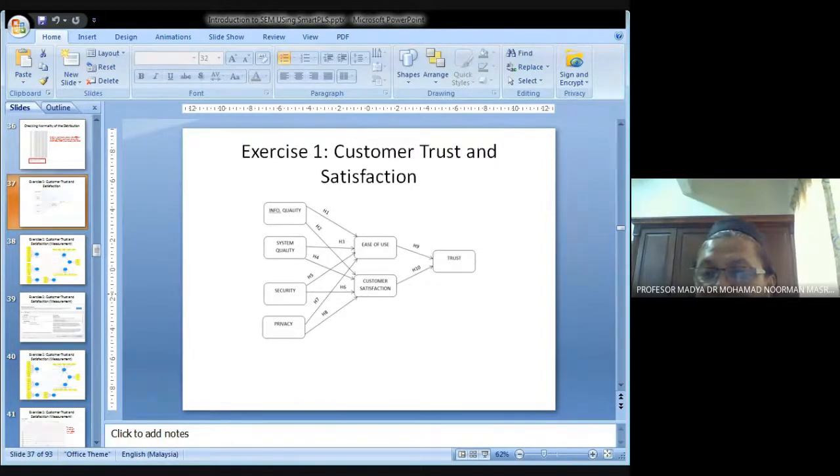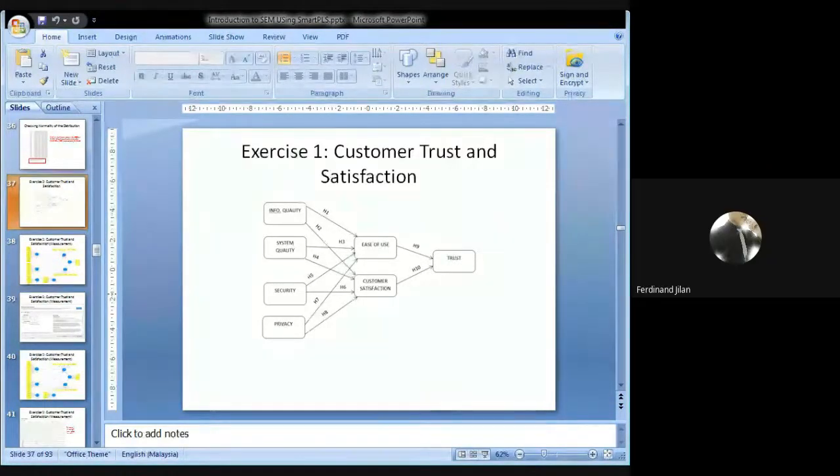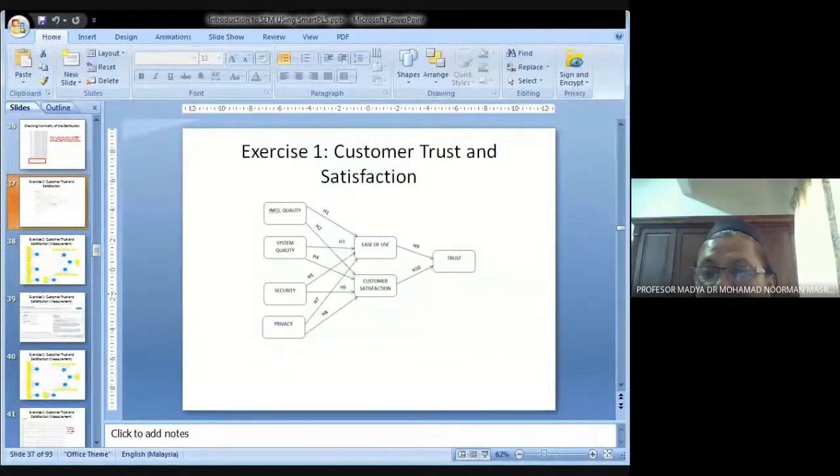Why is it that everybody is not responding? Prof, I don't see your rating on my screen. It's freezing. On the chat box.